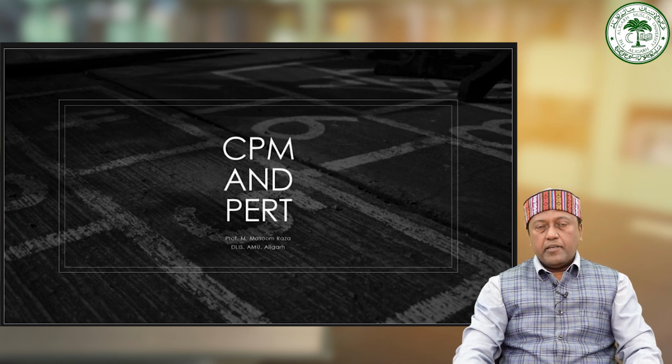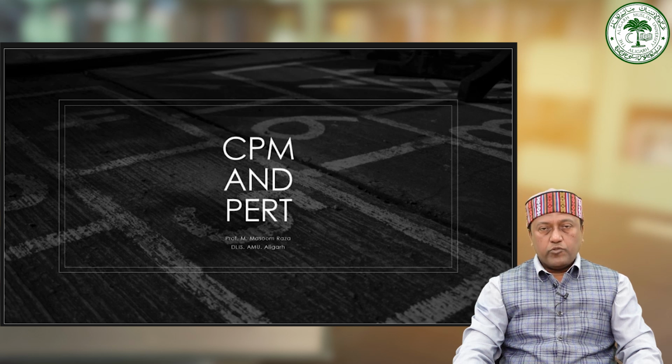I briefly gave you an overview of project management, and then I told you about the SWOT analysis. Now in this lecture we will focus on PERT and CPM. What is the critical path method and what is the program evaluation review technique? We will try to understand in detail these two procedures of project management.